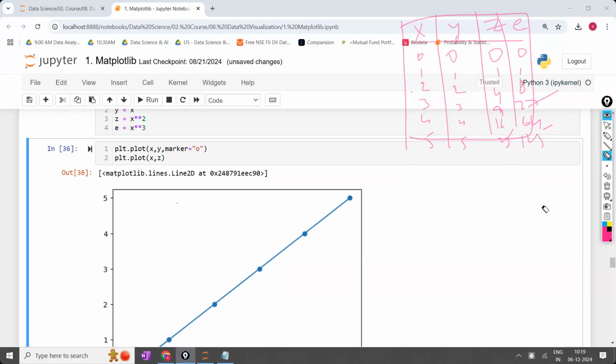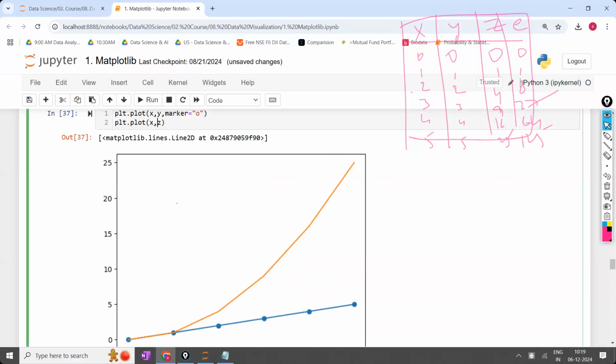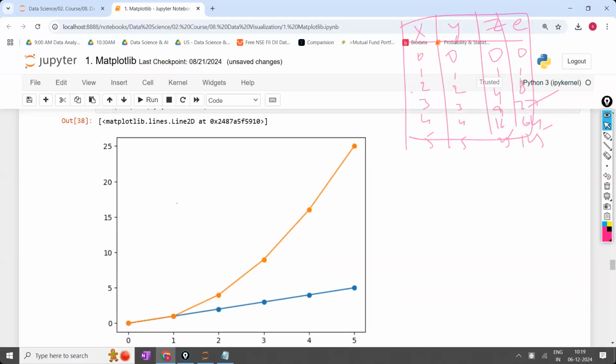So now you are going to represent the plot between 0,0; 1,1; 2,4; 3,9; 4,16; 5,25. Let us add the dots for this one also. Marker is equal to O. Is the point clear?